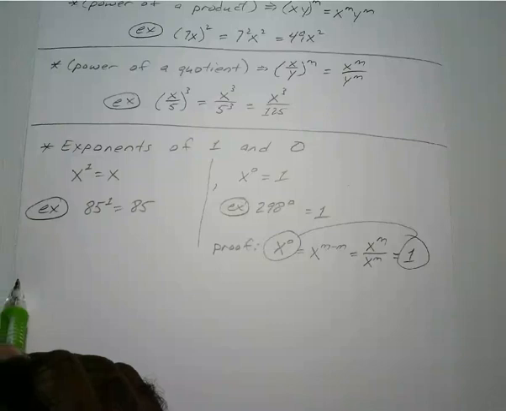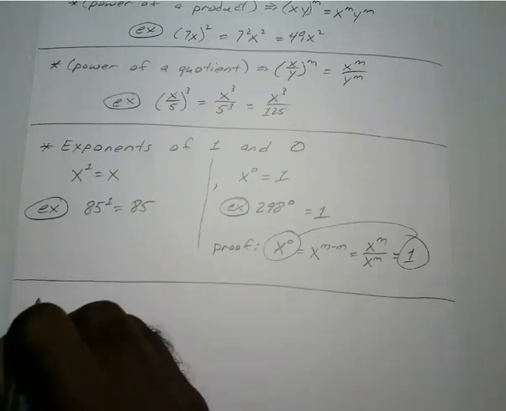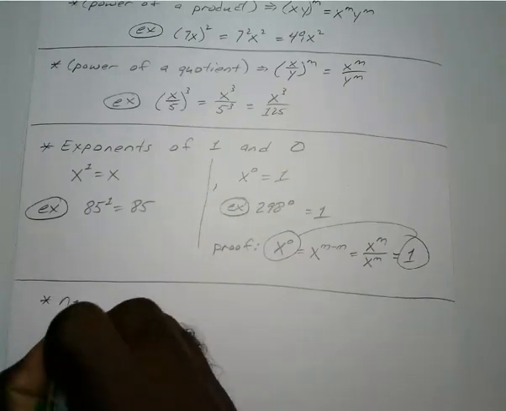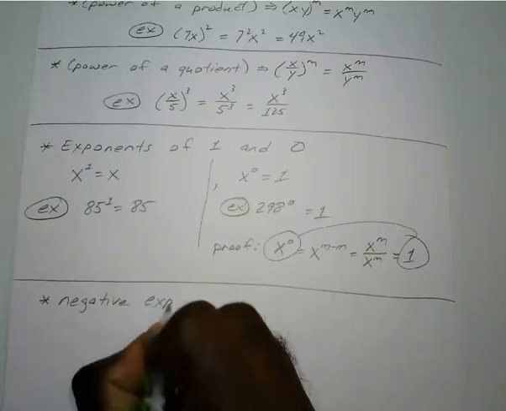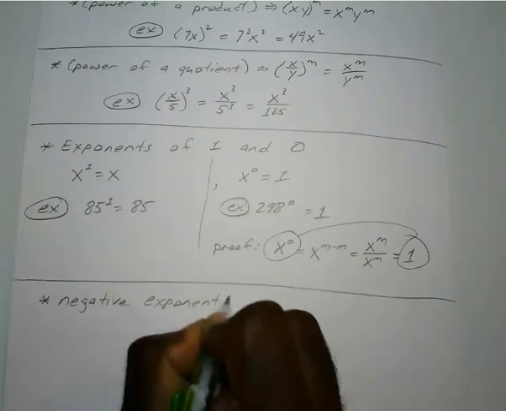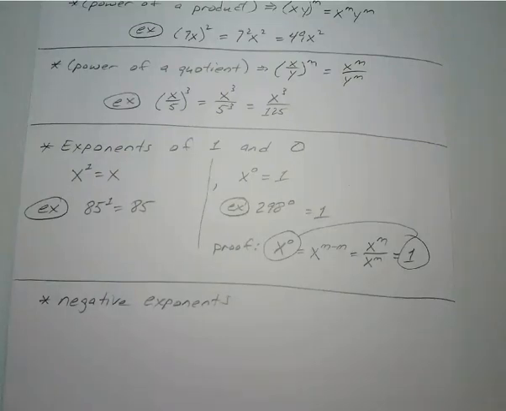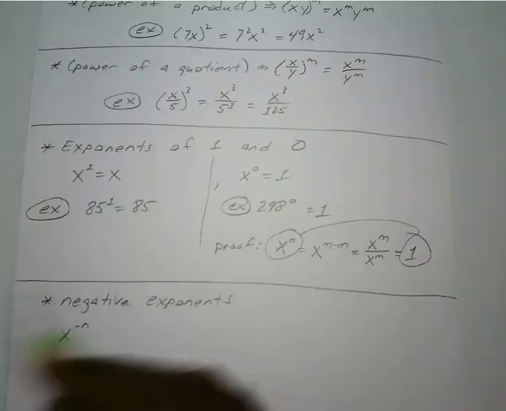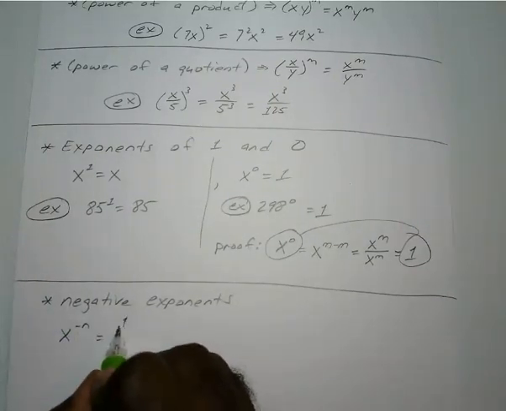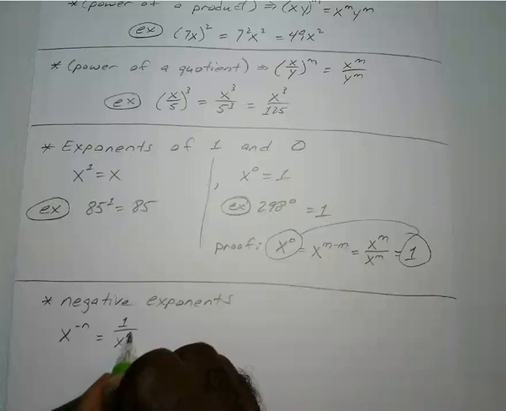Now we have our negative exponents. That means if we have x to the power of negative n, that's going to equal 1 over x to the nth power.